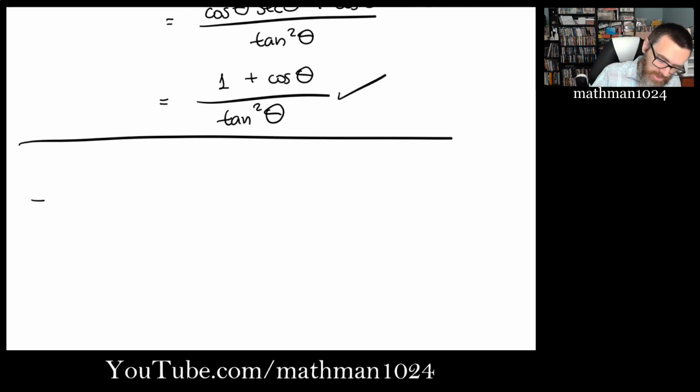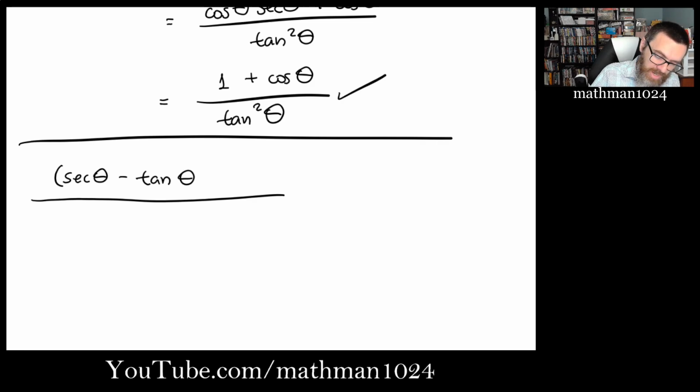All right, this one here is a doozy. So we have secant of theta minus tangent of theta, quantity squared, plus 1, divided by secant of theta cosecant of theta minus tangent of theta cosecant of theta.